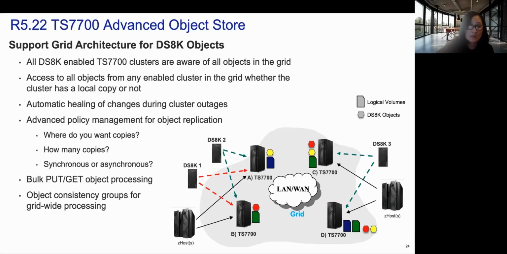So the 7700 now has a new policy management for objects. You can think of it as very similar to your management class today, but we're not going to use management class. We're going to have a totally separate set of policies for objects alone. The object policy works very similar to management class.